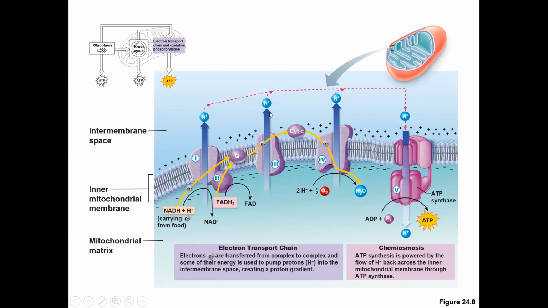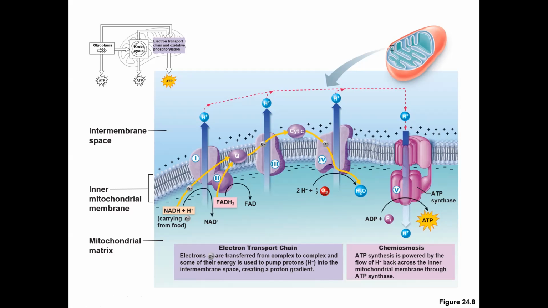We continue to power the pumping of hydrogens across the membrane. The electrons still have energy and they are passed to the third complex, where we continue to pump hydrogens across. As we run out of energy in the electrons, they gradually drop down through the third enzyme complex, and it lets them go back into the matrix.